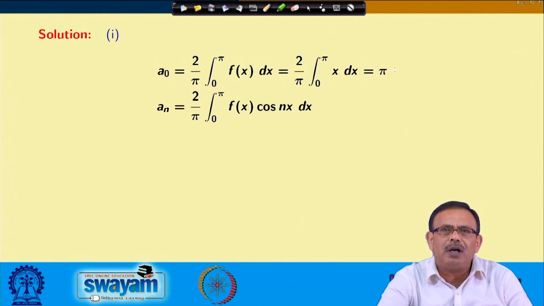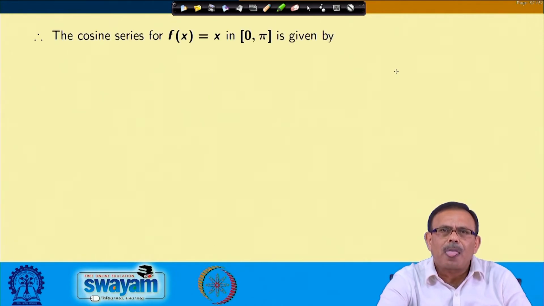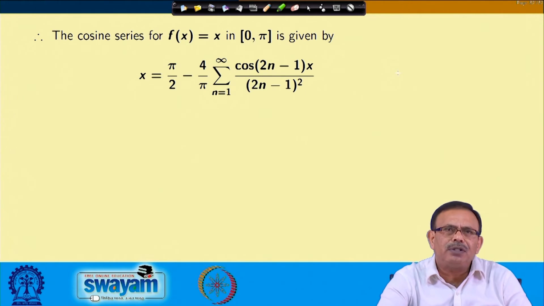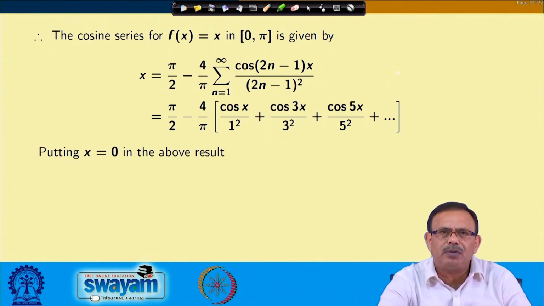So a naught will be there, a n will be there, you evaluate the a n and ultimately you obtain a n equals minus 4 by pi n square when n is odd, 0 when n is even. So Fourier's cosine series of f x equals x in 0 to pi is given by pi by 2 minus 4 by pi into this summation. And this I evaluate, this will be pi by 2 minus 4 by pi into cos x by 1 square, cos 3 x by 3 square, like this way it will go.